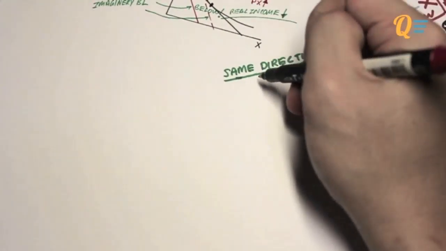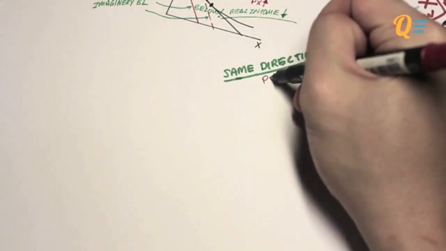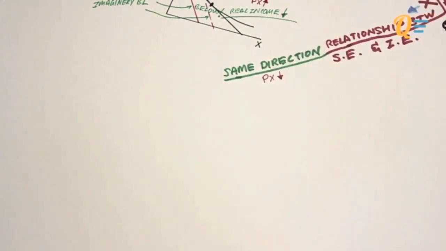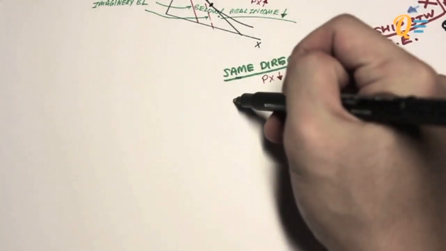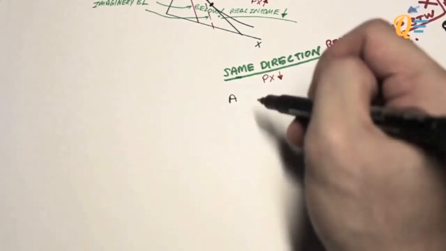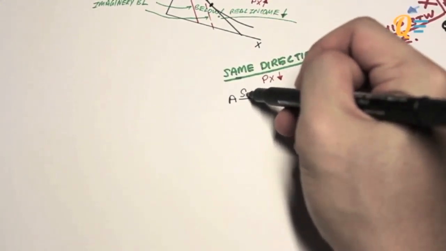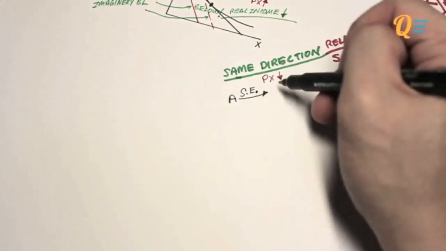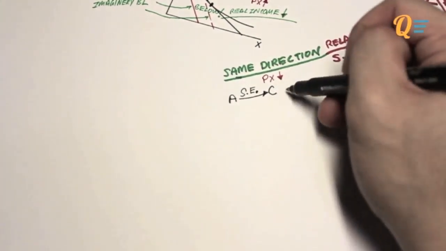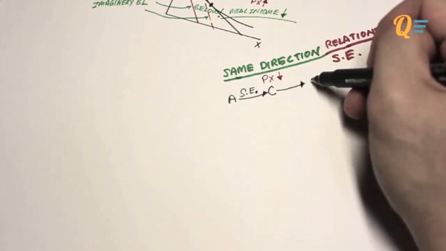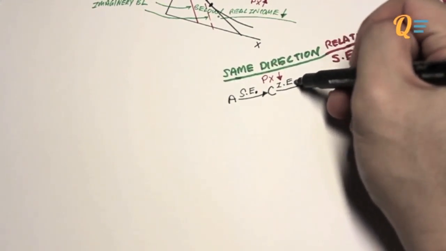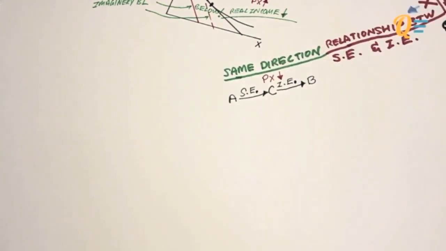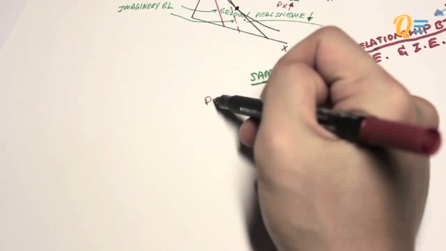Imagine that the price of X is going to fall. If the price of X falls, what does the substitution effect say? It says that we'll move towards the right from point A, to point C. And the income effect, because it moves in the same direction as the substitution effect, will bring us to point B. So as you can see, we move from A to C to B in the same direction.